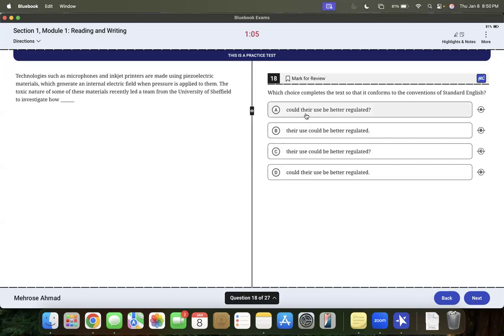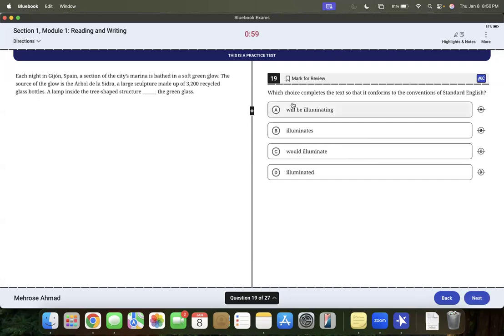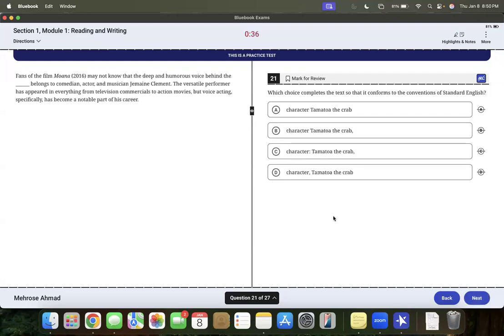Using their versus there, the place, or they're. Again, verb choice will be illuminating, illuminates, would illuminate, or illuminated. Using the possessive versus the contraction. So phrases with a comma at the end are different from phrases with the comma in between. It's, which is singular, versus there. Again, colon versus comma.